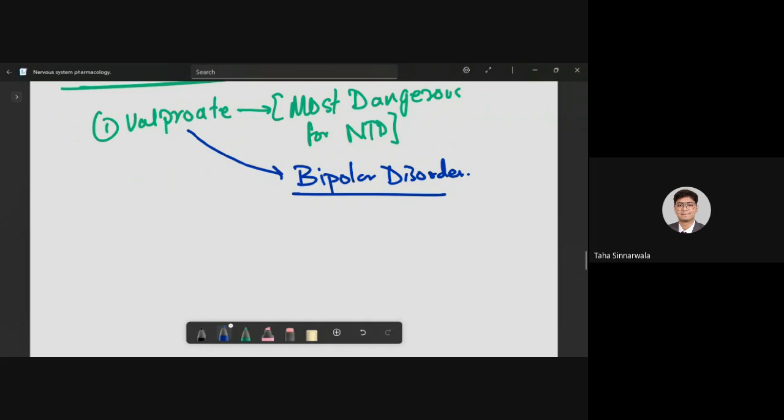And now you might be thinking, okay, bipolar disorder, both of these medications, valproate and lithium, both of which are very good for treating bipolar, both of them had teratogenic effects. So which one should I give the patient? And the idea is that whichever medication the patient is more stable on, that is the medication you want to give.